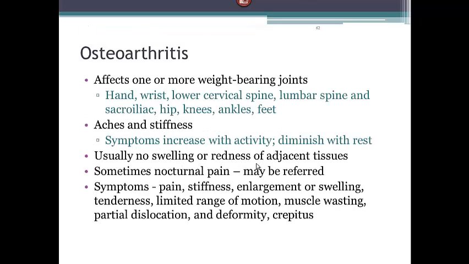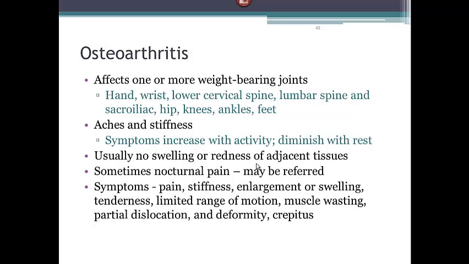Now let's talk about the last two topics, which is no more than a comparison of osteoarthritis versus rheumatoid arthritis. Now let's talk about osteoarthritis. Remember that osteoarthritis affects one or more weight-bearing joints.